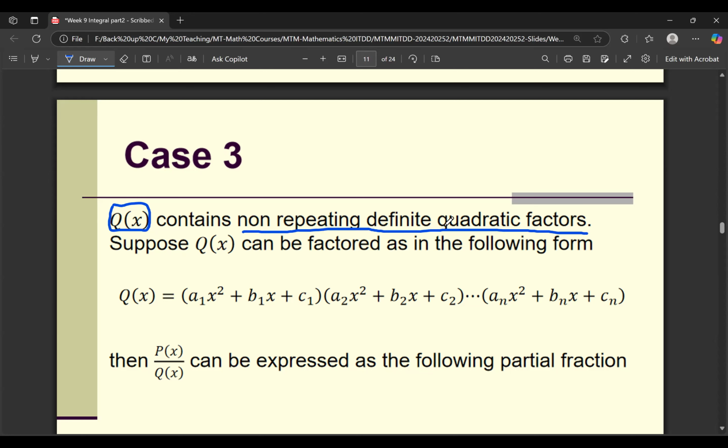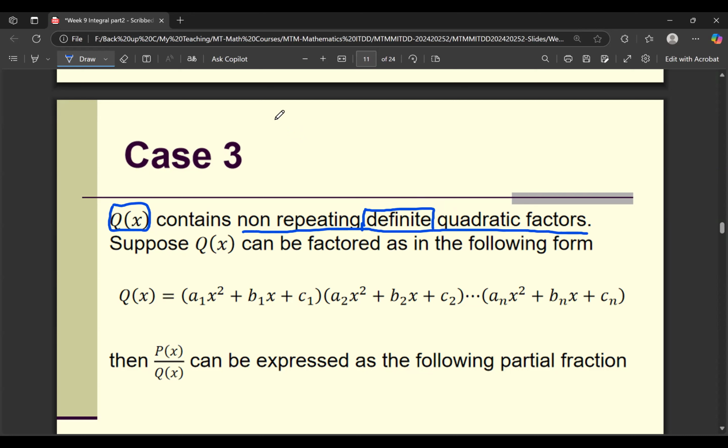So these are quadratic factors, but we also know that not all of the quadratics will count. We must have definite quadratic factors. What are definite quadratic factors? I will give you an example.